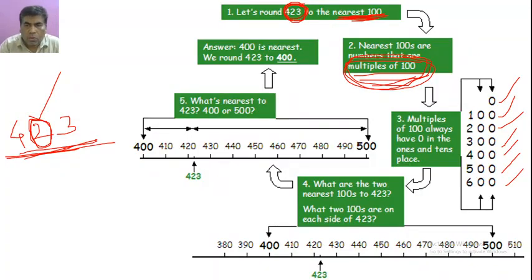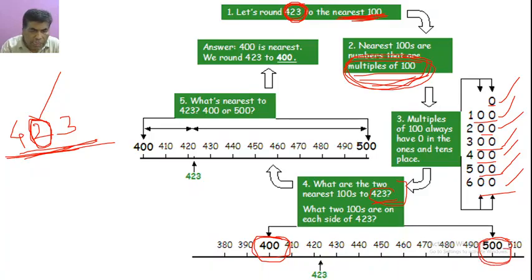In the ones place and tens place, all numbers have zeros. So these are the nearest hundreds. But where is 423? Between which two hundreds? 423 will be between 400 and 500.